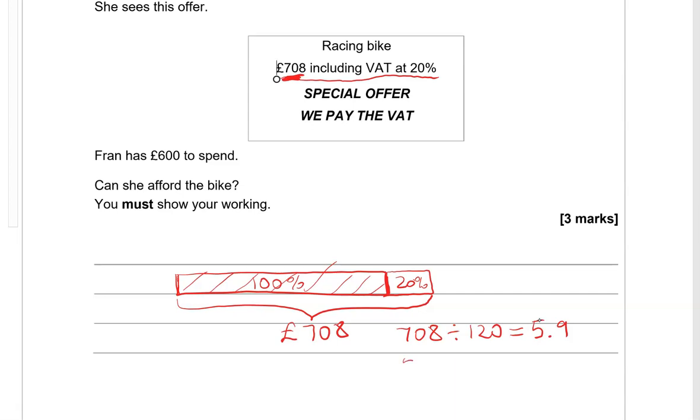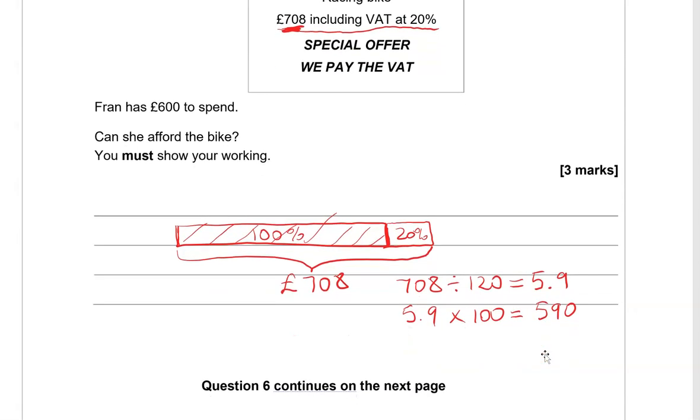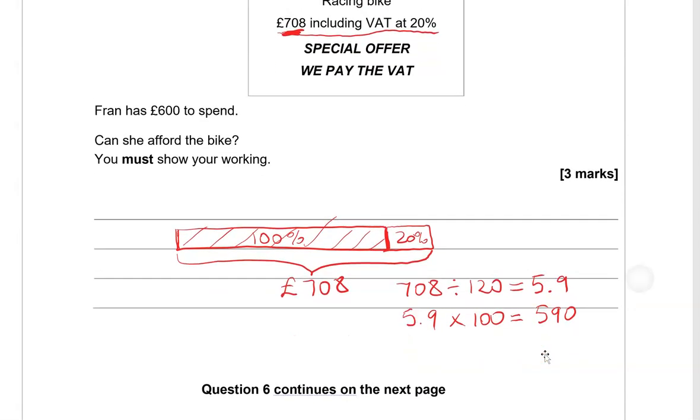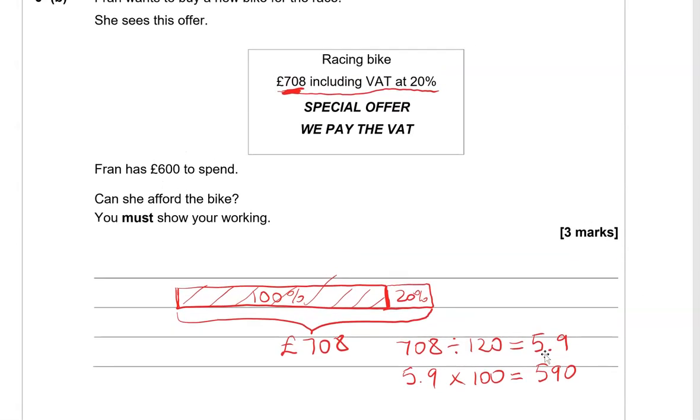So 5.9 times 100 gives us 590. So that is £590. That was the price before VAT.